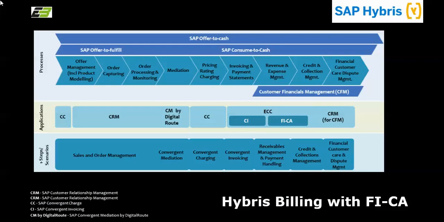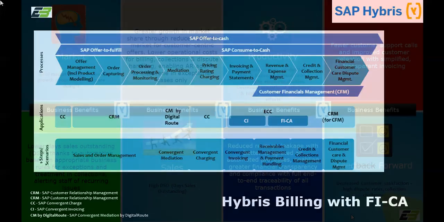On the other hand, SAP consume to cash is broken into mediation, pricing, rating, charging, and so on up to financial customer care and dispute management. Coming to the applications, there are various systems integrated such as Convergent Charging, Customer Relationship Management, Convergent Invoicing and FICA. We'll talk in detail about these blocks as we move ahead.